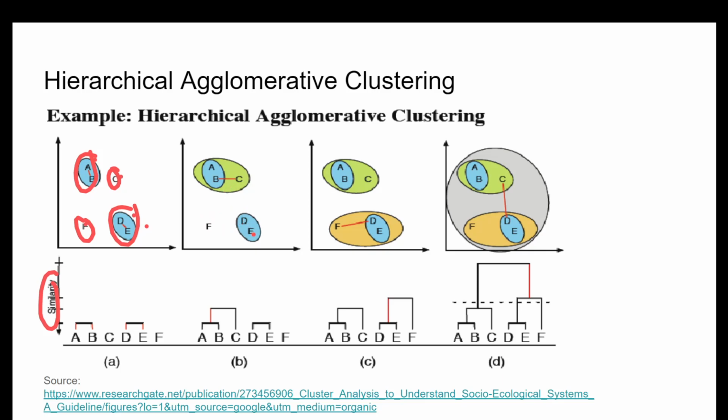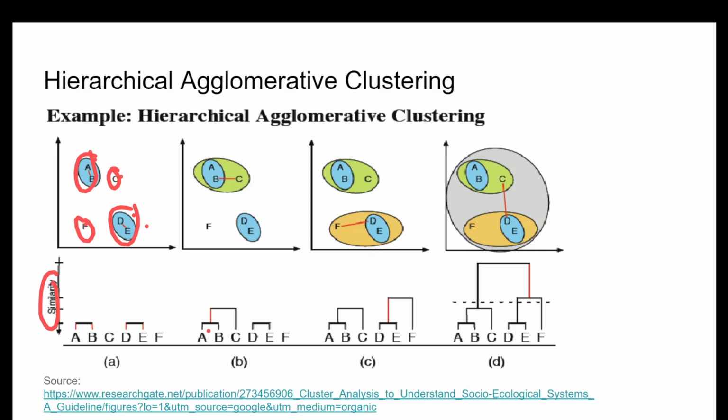You have to remember that this is actually one cluster, DE. DE to C is not that close compared to AB to C, and the same as well for DE to F. So we will merge the AB cluster and C.